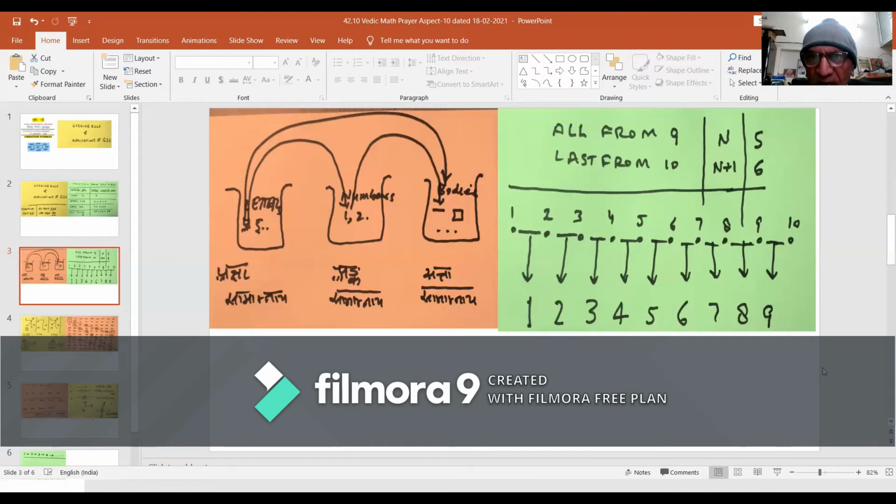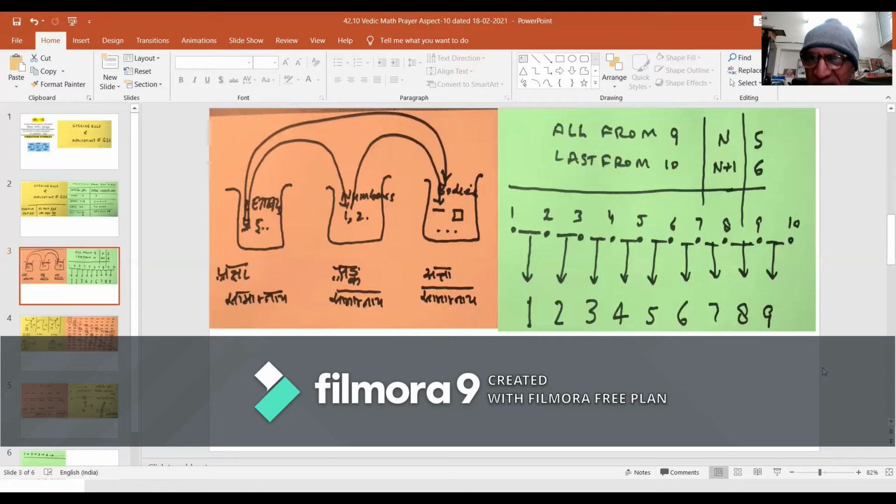Now, when we say all from 9, last from 10, one interpretation of it is that we will be having 9 numerals for the 10 place value system. That means here n is equal to 9. When n is 9, then next stage is 10. 9 as numerals, 10 as a place value system.